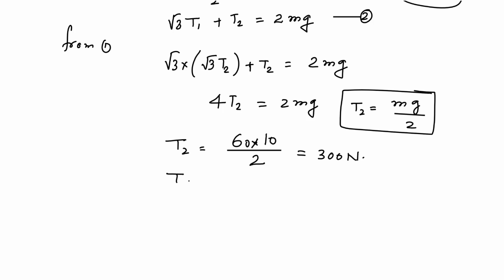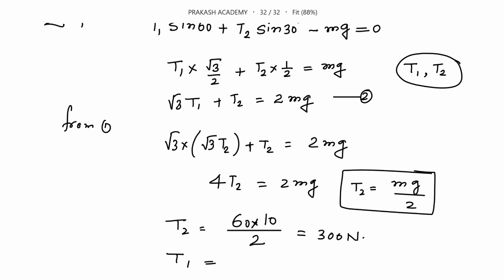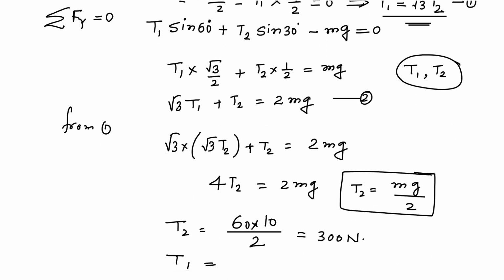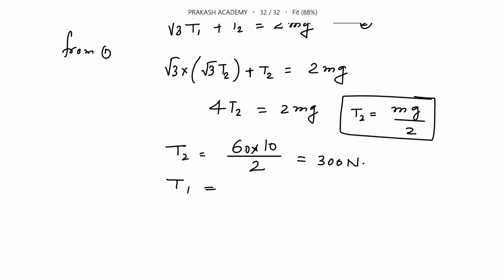Similarly, what will T1 be? From the relationship, T1 is equal to root 3 times T2, so 300 root 3 Newton will be the force in the second rope. So you have seen how we can solve this for tension.